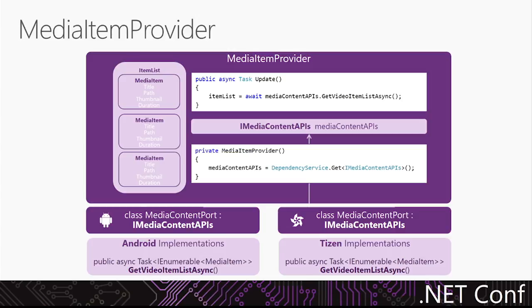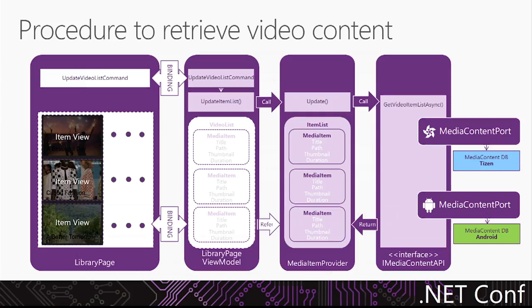So the media item provider is using the dependency service. We set up the dependency service, which resides in the Tizen part. If you look at the code there, let's go to the media content port. If you look at the media content port, it is implementing the IMediaContentAPI. These APIs are defined in the model.